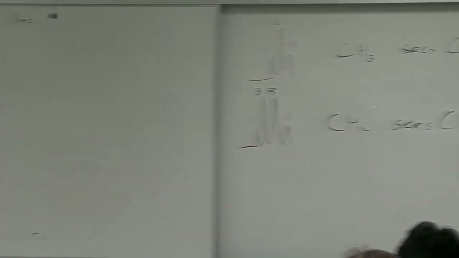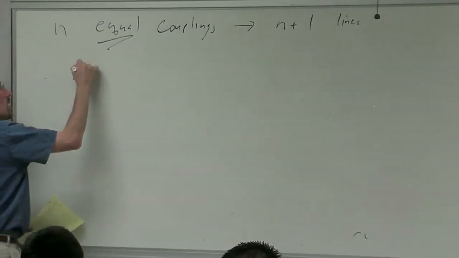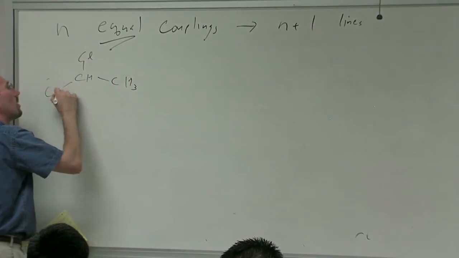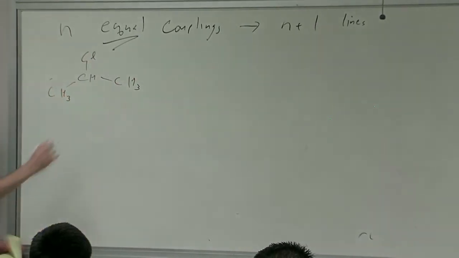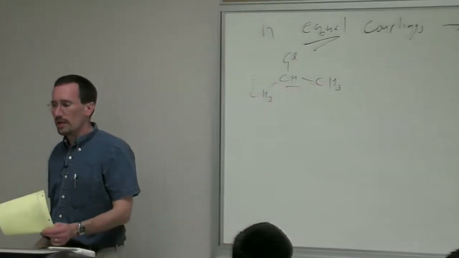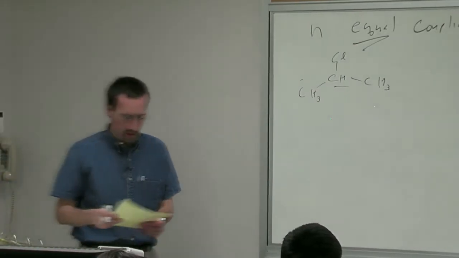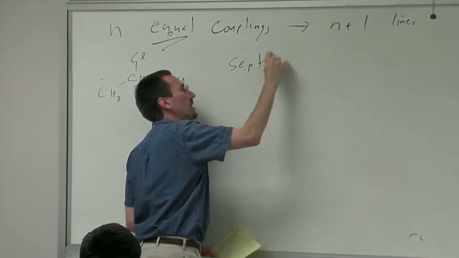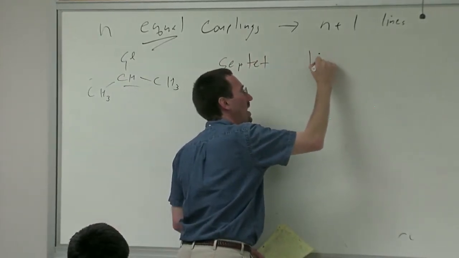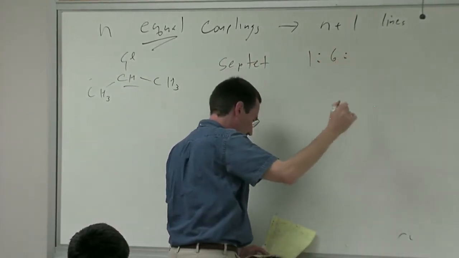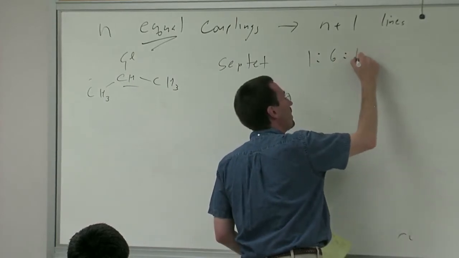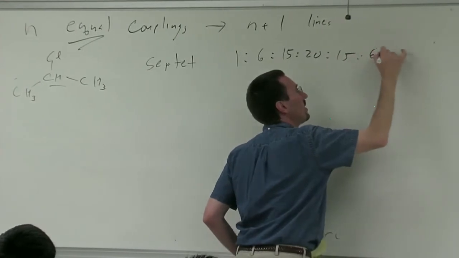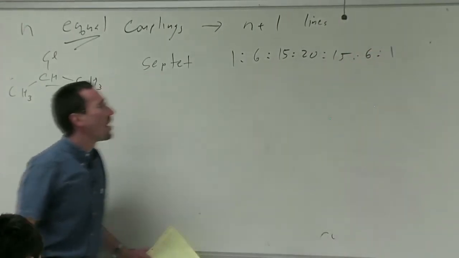So for example, if we go to isopropyl chloride, now the CH here is split equally by 3 methyl groups. So the CH appears as a septet, and the ratio of the lines is 1 to 6 to 15 to 20 to 15 to 6 to 1.